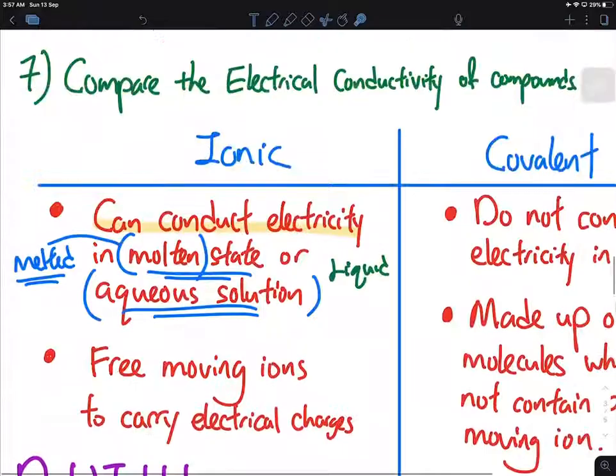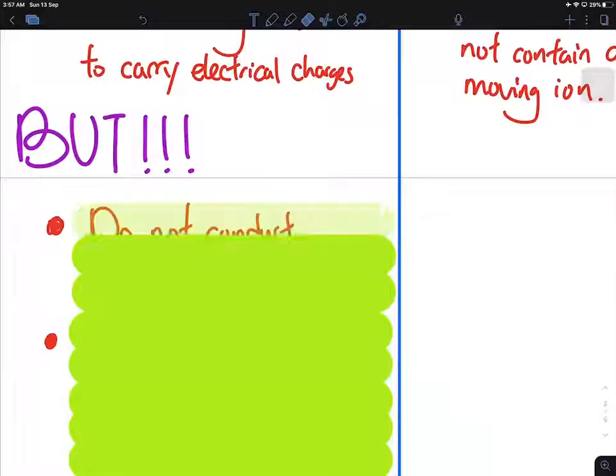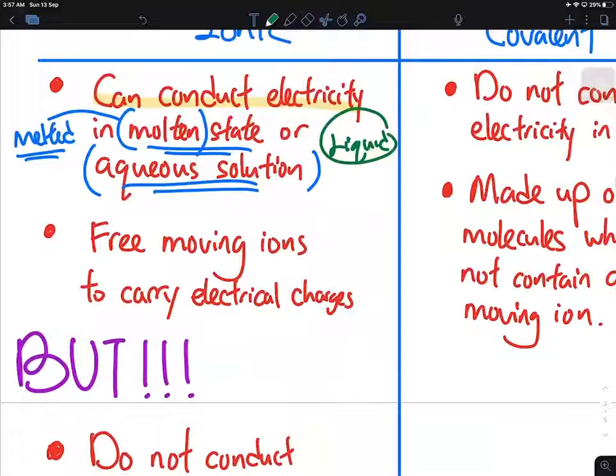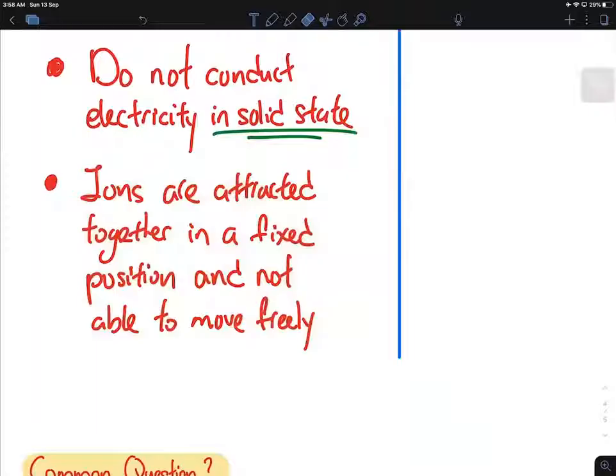On the ionic side, there is one more point. It can conduct electricity in molten or aqueous solution, but ionic compounds do not conduct electricity in solid state. Why? It can conduct in liquid, but why not solid? The reason is because in a solid state, ions are attracted together in a fixed position and they are not able to move freely. Not able to move freely means it does not have free moving ion.